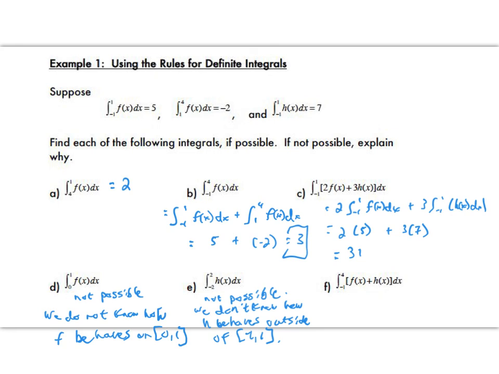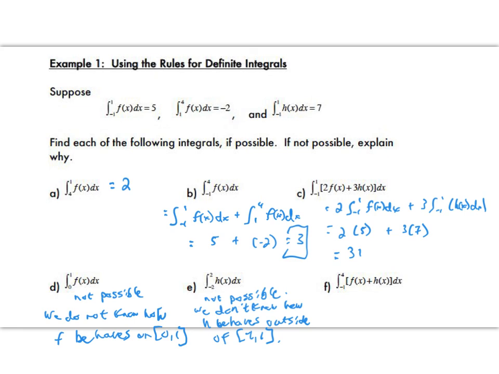Okay, now this last one here, letter F, we could do this first part because we already did it in part B. The problem is we have no further information on h other than what we see right here. And since we're going from -1 to 4, I don't know how h behaves.